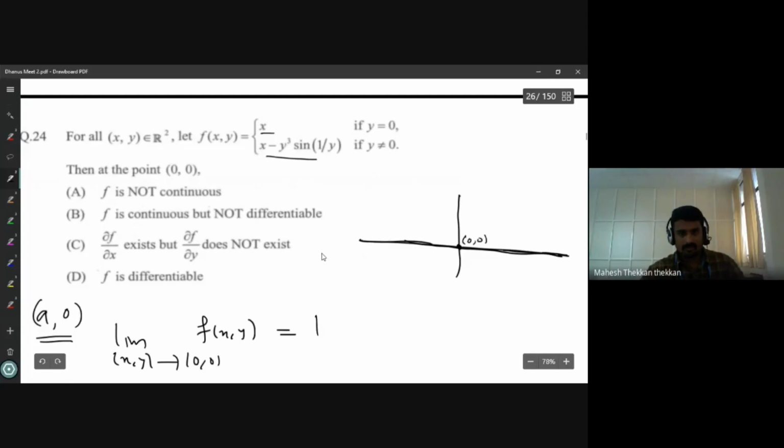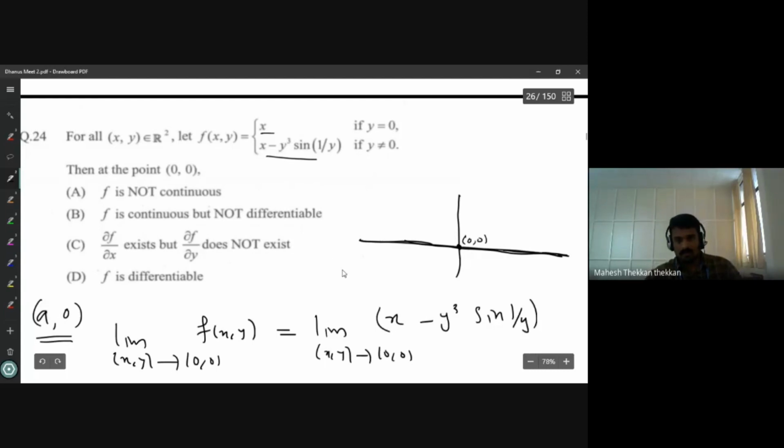So this is the limit as (x, y) tends to (0, 0) of (x minus y cube) sine 1 by y.